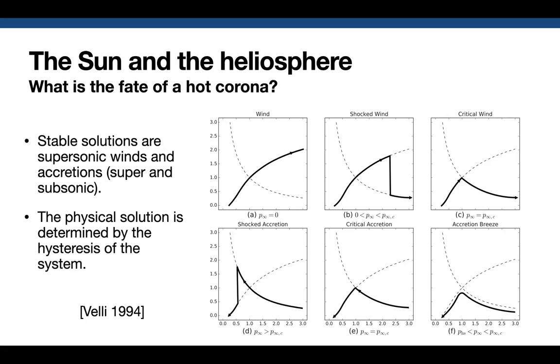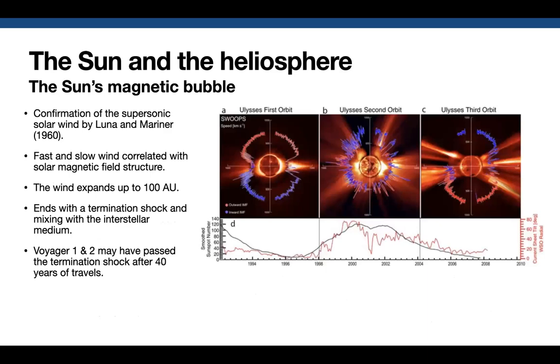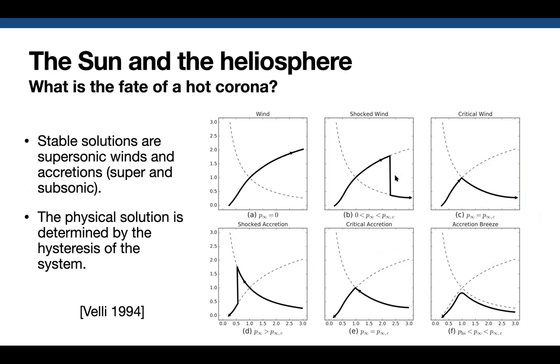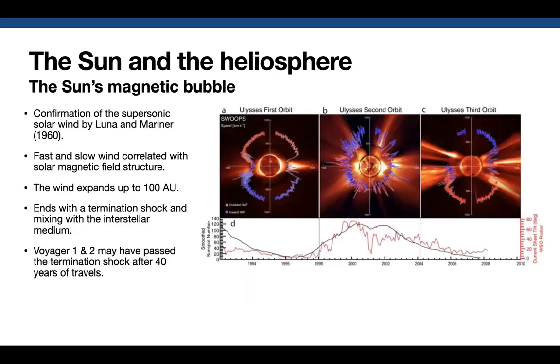Of course, for the solar wind, and probably for most stars on the main sequence, the right solution is the usual solar wind with a shock at the end. And even though all I said was the consequence of hydrodynamic equations, we have known for a long time that the solar wind is controlled by the magnetic field.